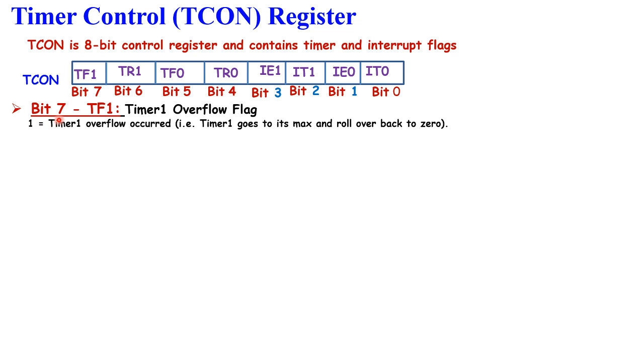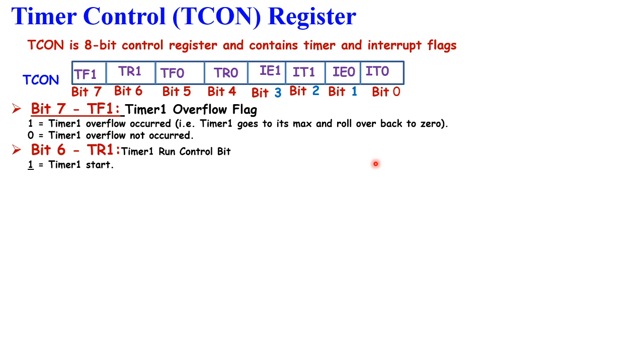Bit 7 is TF1, the timer 1 overflow. When it is equal to 1, timer 1 overflow occurs and timer 1 goes to its maximum and rolls over to 0. So this is the bit when it is set. When it is reset, timer 1 overflow has not occurred.